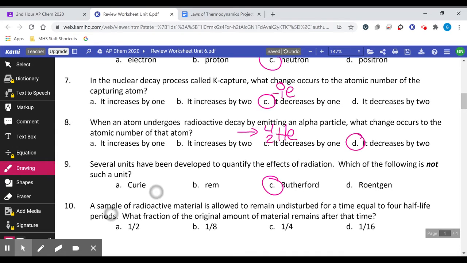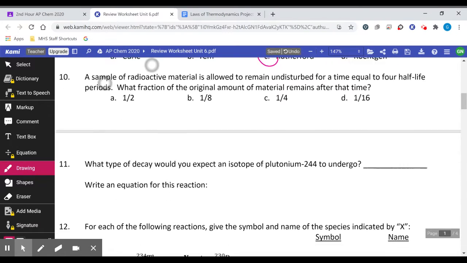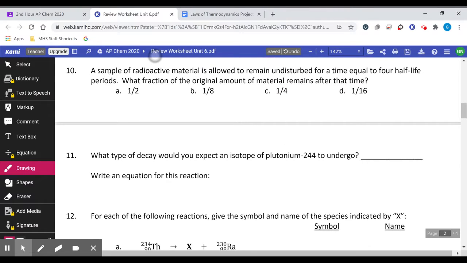Okay, on number 10, let me move this on up. A sample of radioactive material is allowed to remain undisturbed for a time equal to 4 half-life periods. What fraction of the original amount of material remains after that time? What did you put on that? 1/16.